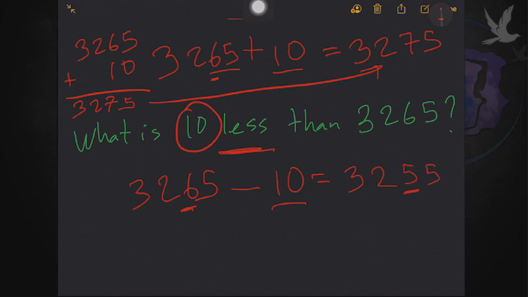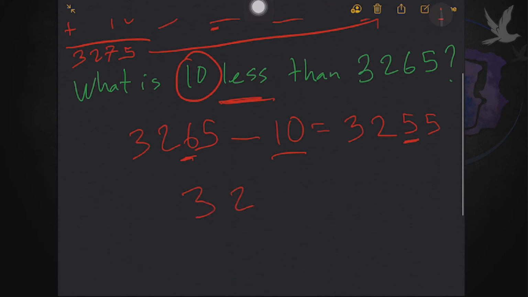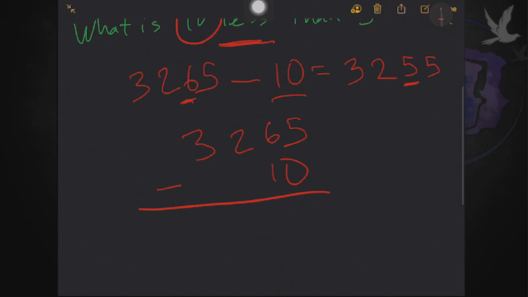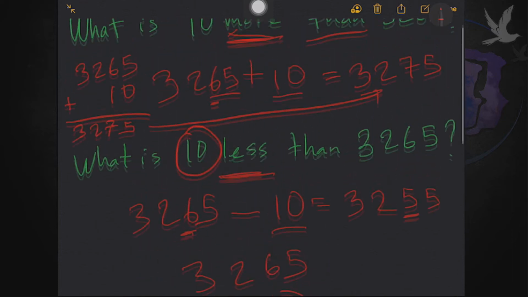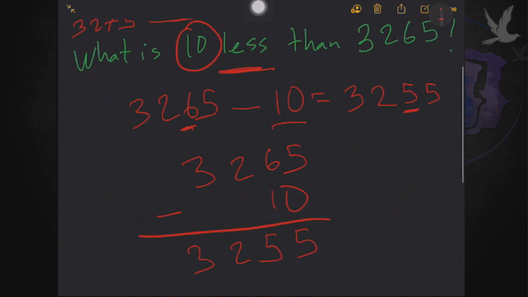Okay? So 6 minus 1 is 5. Showing the entire process, that's 3,265 minus 10. If you know the shortcut, do the shortcut. If you don't get the shortcut, you can just do this process. Don't worry. 5 minus 0 will give you 5. 6 minus 1 will give you 5. Bring down 2 and 3. Okay, so that's how you deal with more and less.